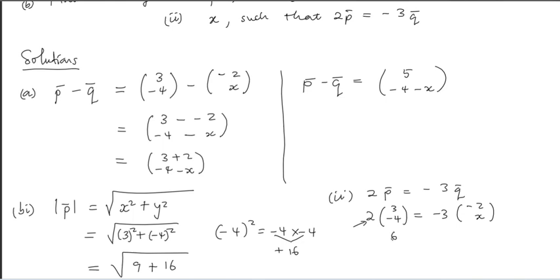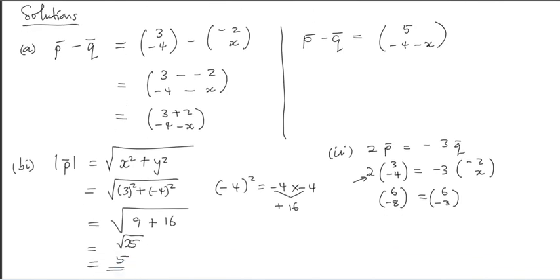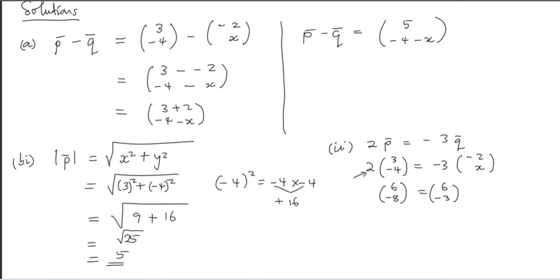So this will be 6 and minus 8, equals, on top there you realize you also have 6, then underneath we have negative 3. Now if you compare the top values, I'm sure you can see the x values are now equal. So if the x values are now equal, it means that the bottom values are the same.